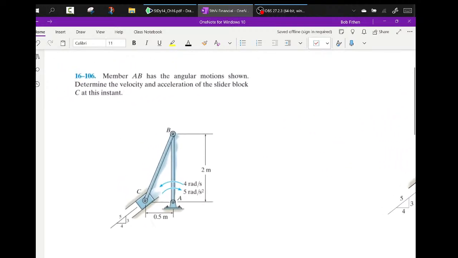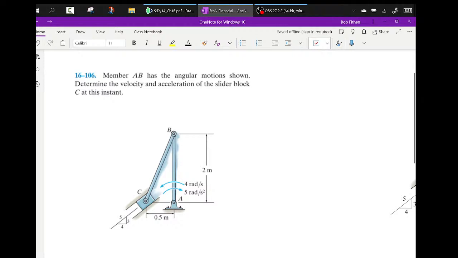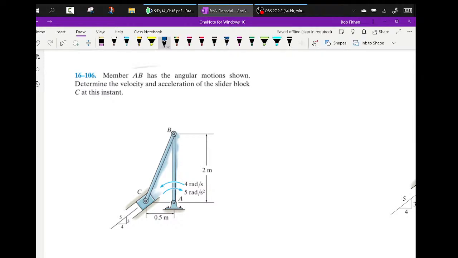So if we look at this, it says member AB. Let me try this.